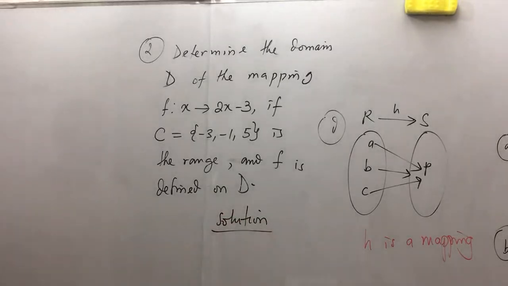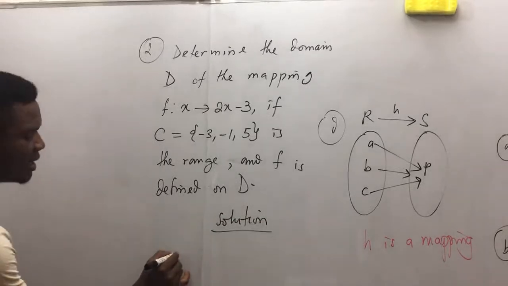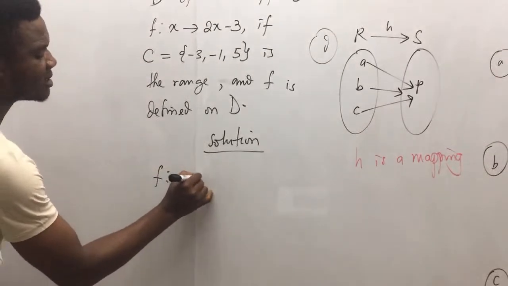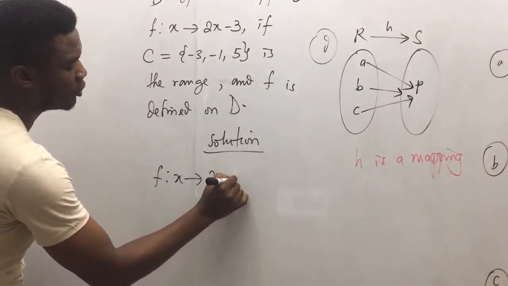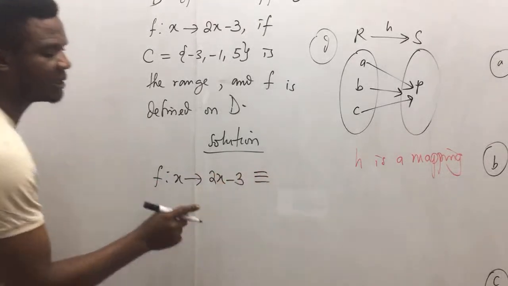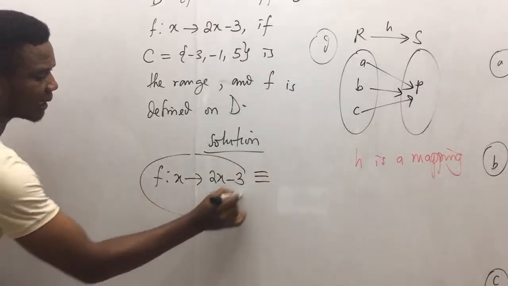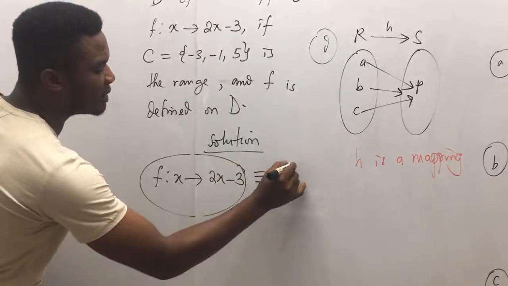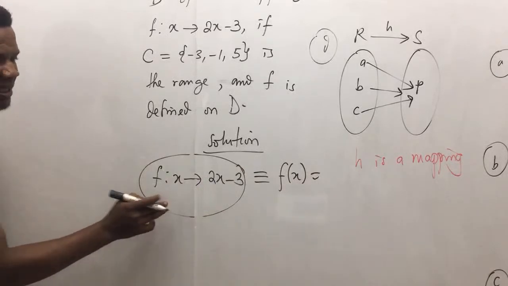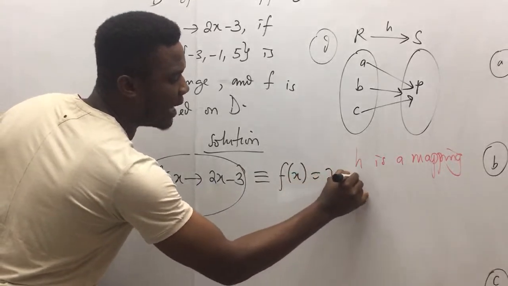So the first step you will have to take, guys, for a problem like this is to write out this: f from x to 2x minus 3 is equivalent. If you don't want to write it in this manner, it is simply written as f of x. This expression is another way of writing f of x equals 2x minus 3.